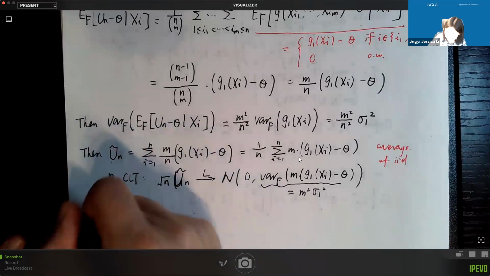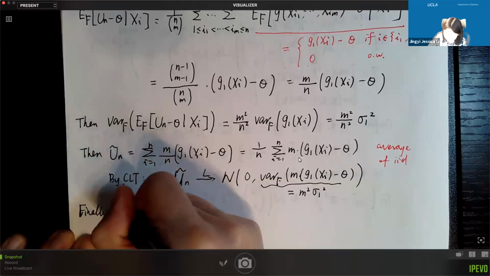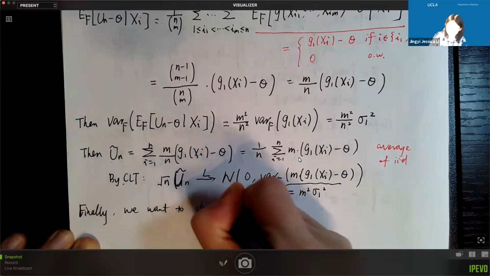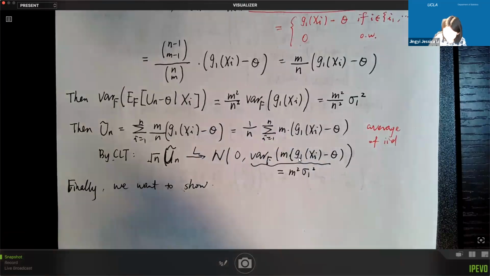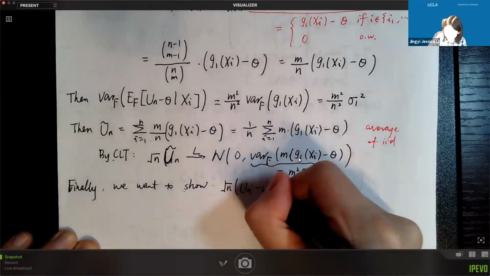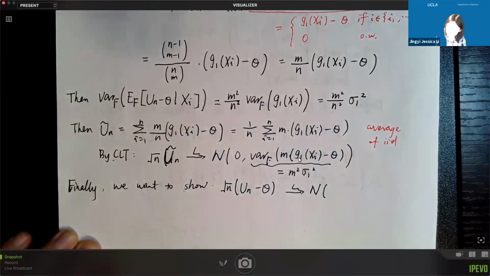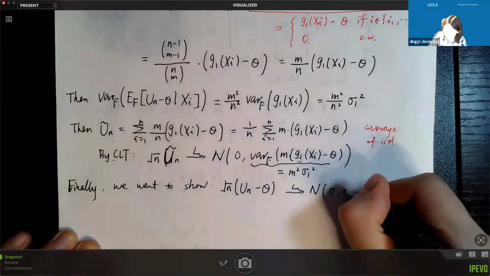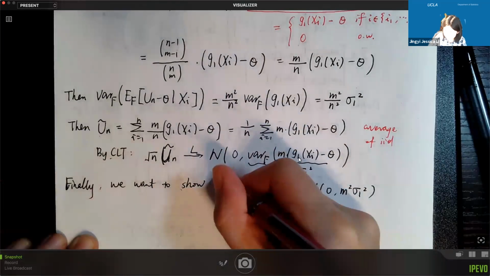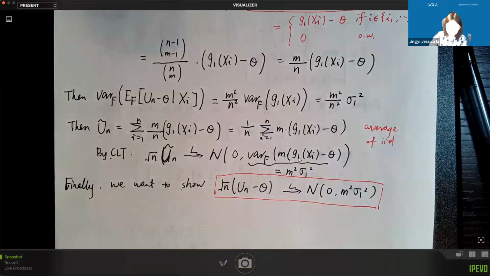So finally, we want to show that root n of the U statistic minus theta is converging in law to the same distribution, normal with mean 0 and variance m squared sigma 1 squared. So we want to show this. And then with this, we finally have the asymptotic distribution of the U statistic.